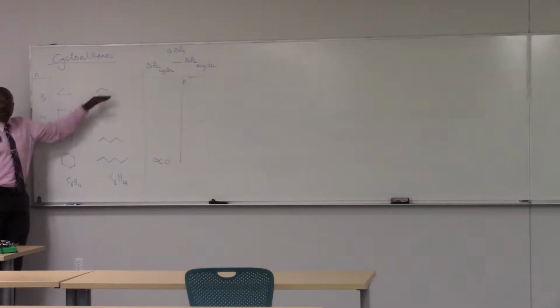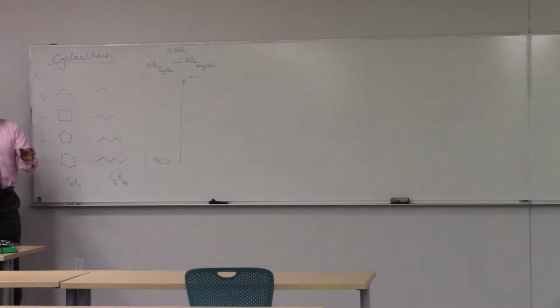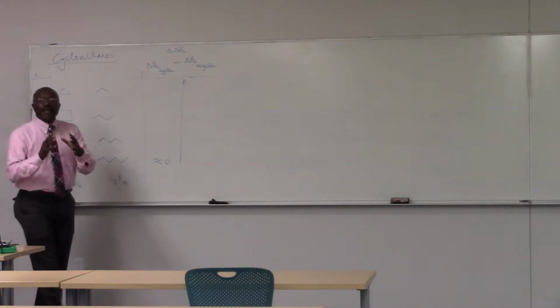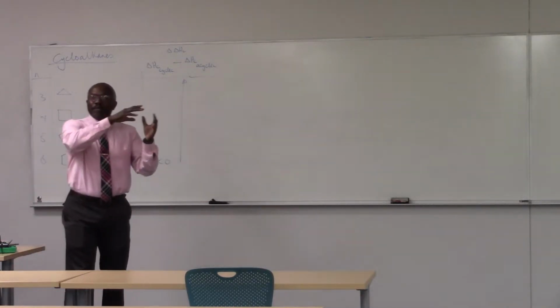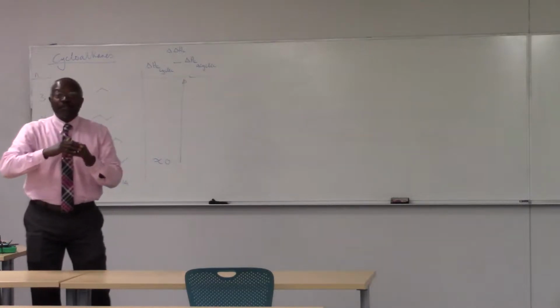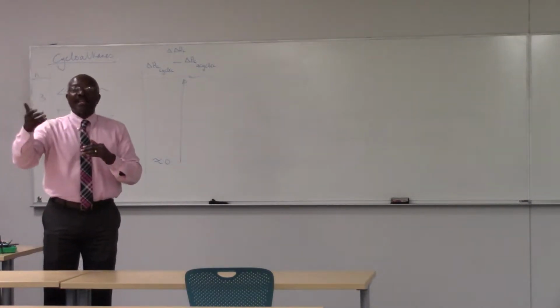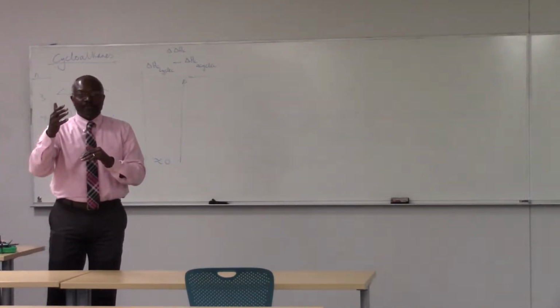That's question 1. What's wrong with being a ring? Question 2 is, as the ring compresses from 6 to 5 to 4 to 3, why does the system get increasingly more energetic, increasingly less stable?